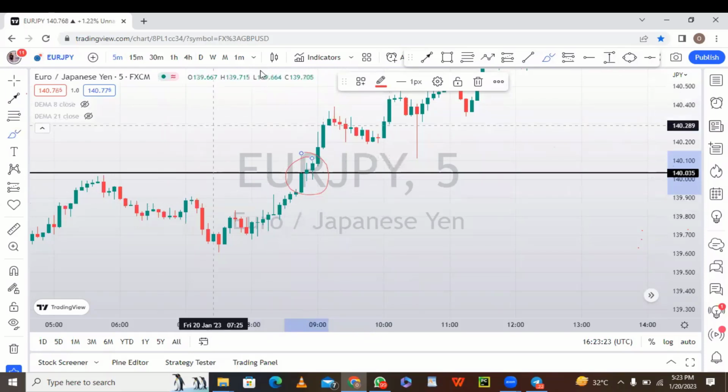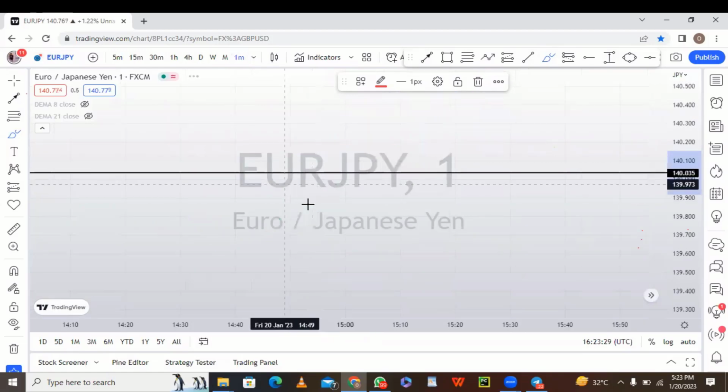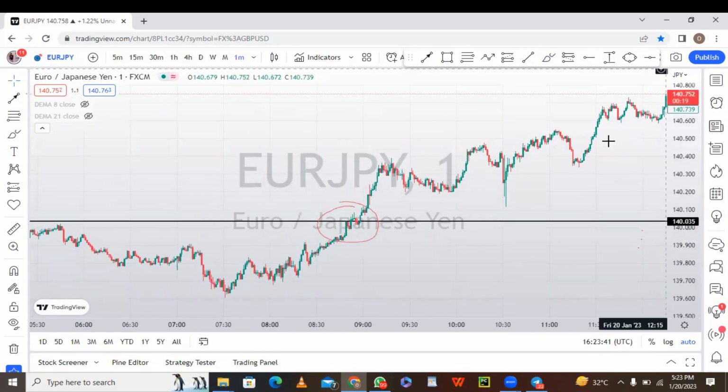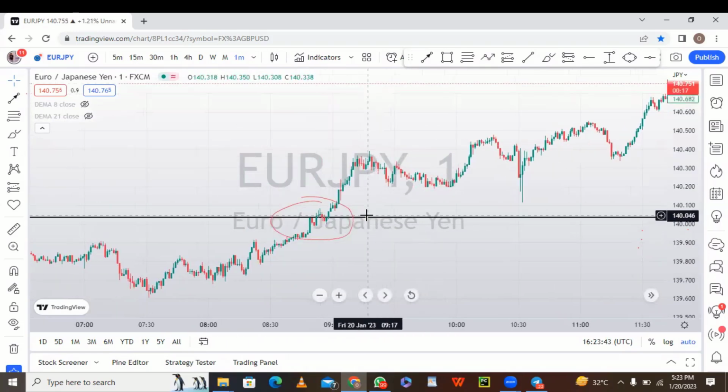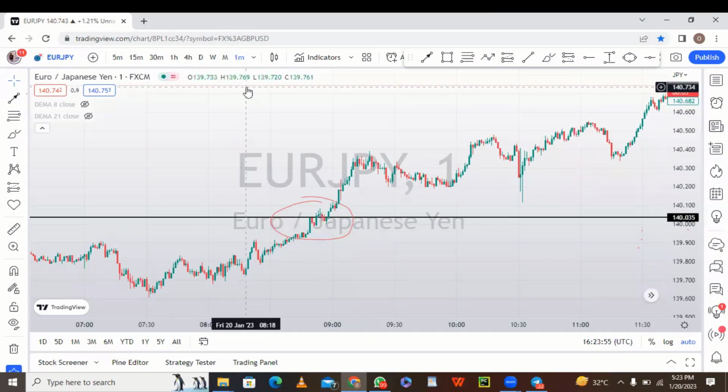If I stay down to the 1 minute or 3 minutes, you will see that there is a lot of consolidation that happens within that region. So this is the portion I circled. As you can see, the candles consolidated within this particular region before it eventually broke out successfully. So you have to practice with time. You will get used to all of this.